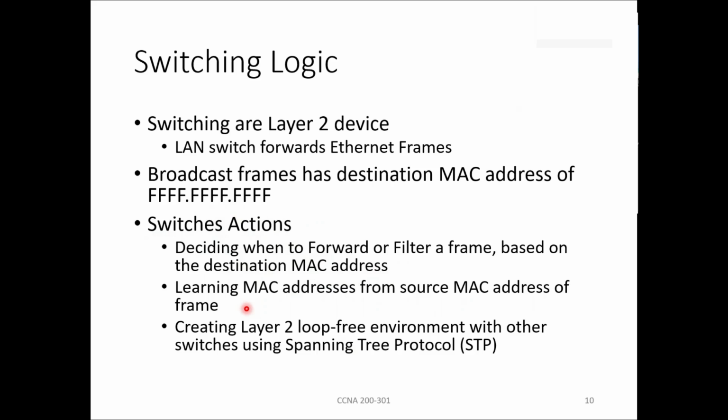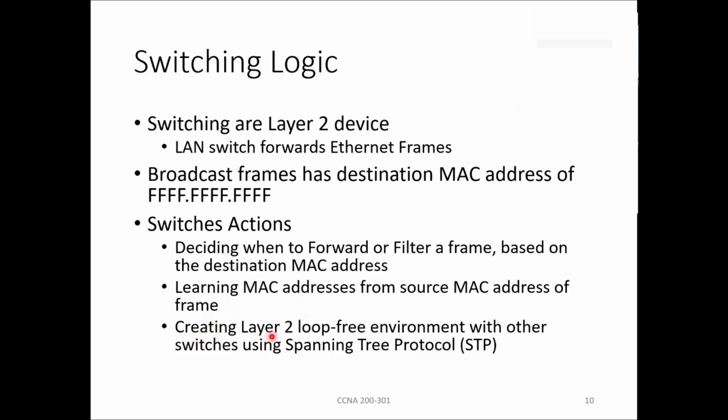But let's say if the switch doesn't know the MAC address, then it will broadcast to everyone. The switch will broadcast to all the devices connected to it, and all the devices will reply with their MAC address to this switch. So these are the switch characteristics.